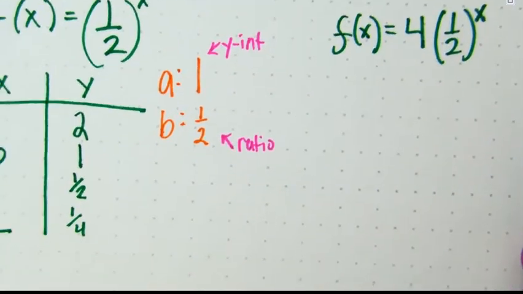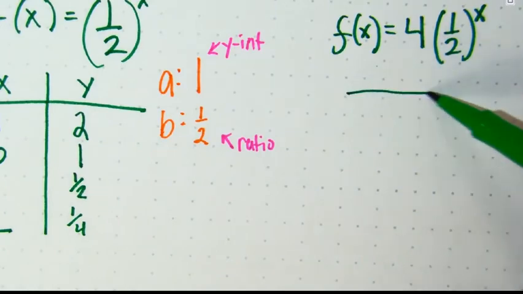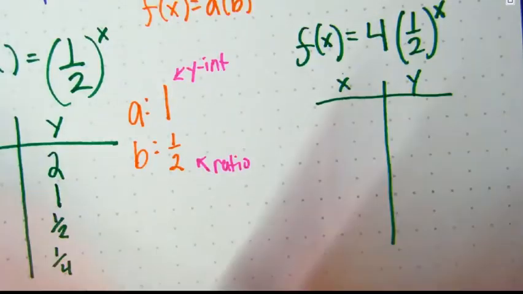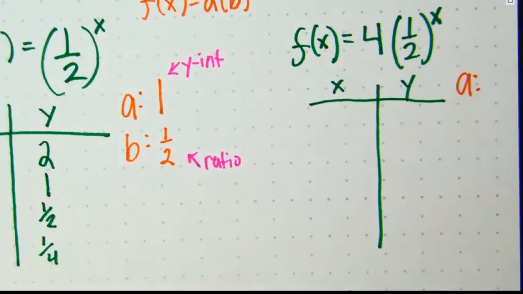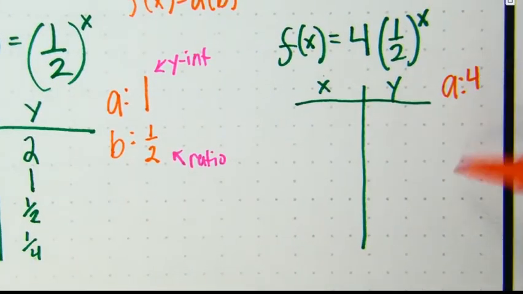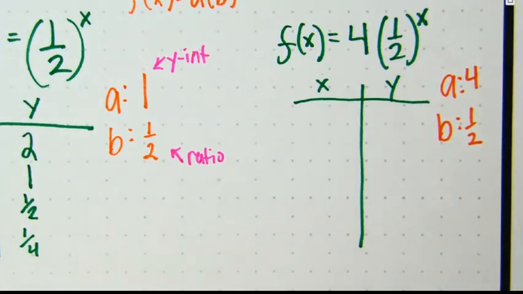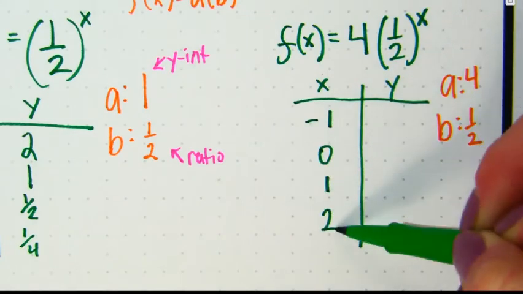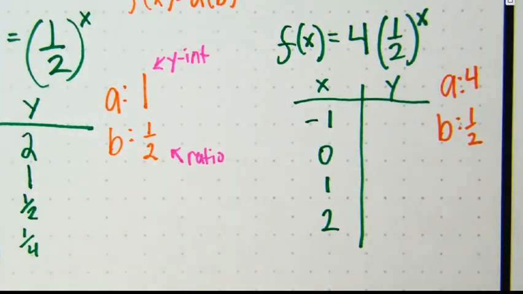And we're gonna make a table. We're gonna identify our a and our b. In this case, the a is 4. B is still 1/2, right? So when I pick my numbers, I want to include a 0.